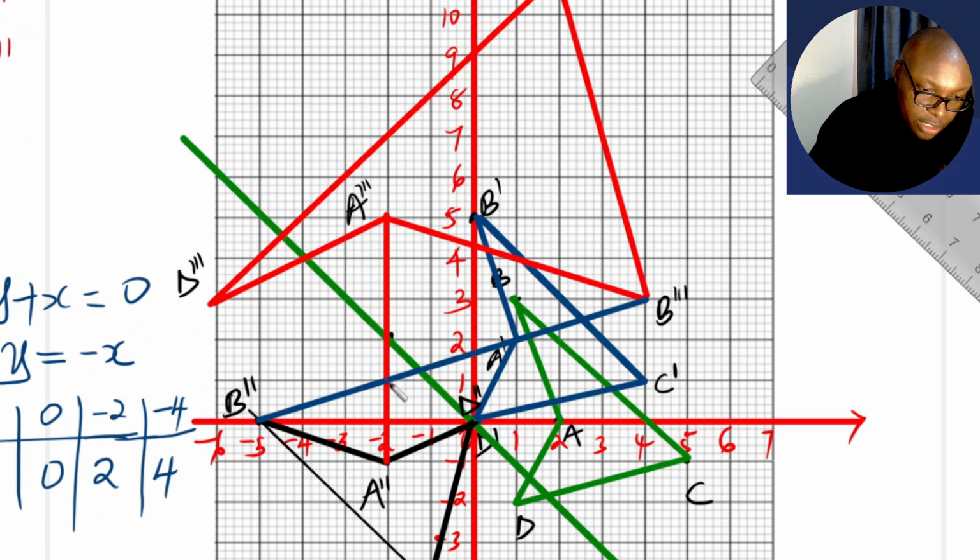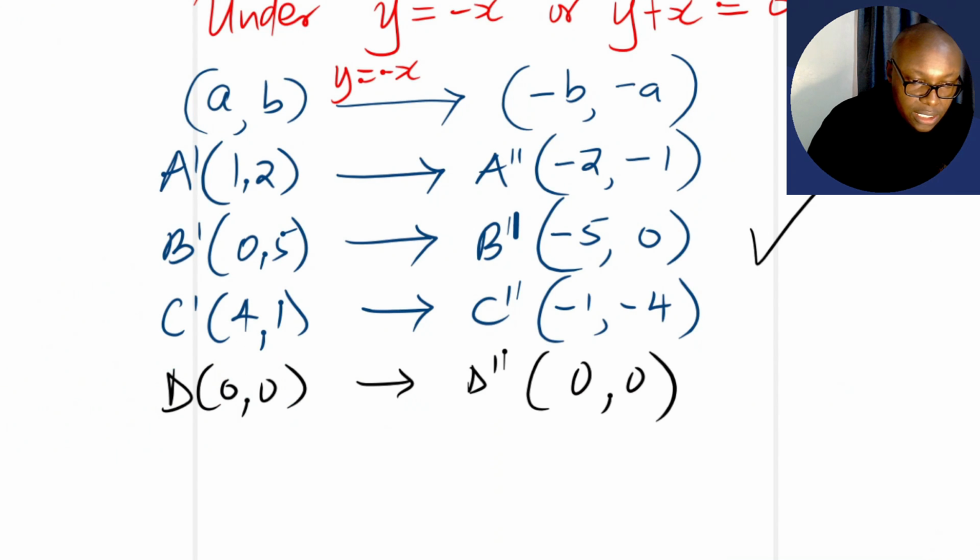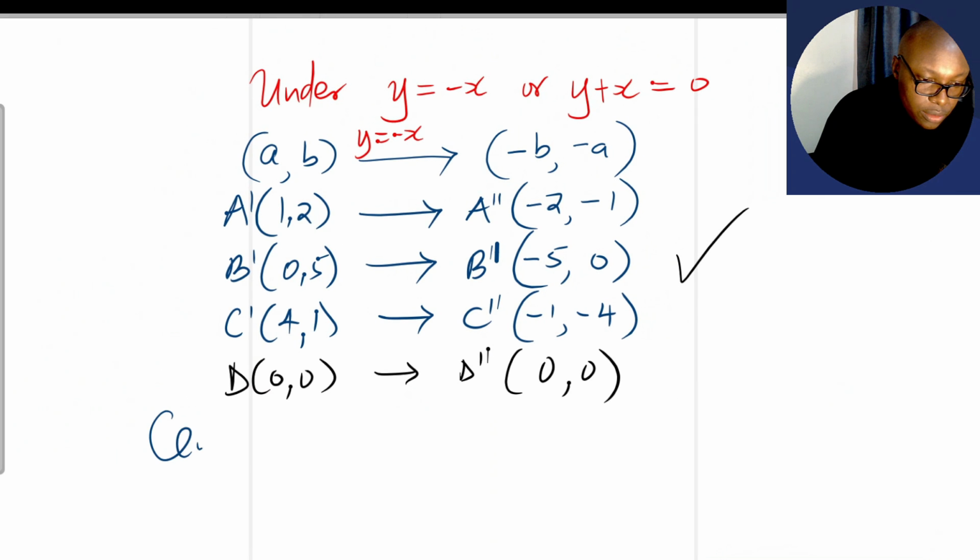They meet at this point here, and that becomes the center of enlargement. I repeat: after joining A2 to A3 and B2 to B3, the point of intersection of those lines is the center of enlargement. So this point here is (-2, 1). Therefore, that is the center of enlargement, as we are describing X.